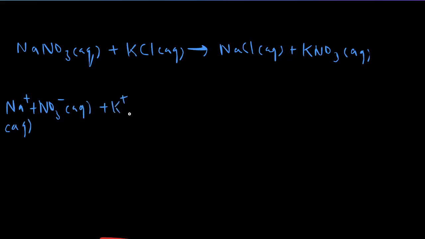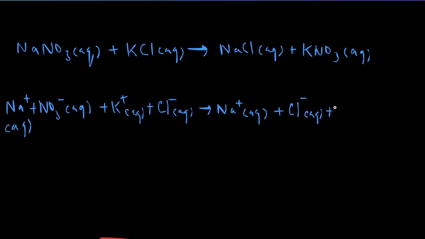Plus K plus, Cl minus, giving us Na plus and Cl minus, K plus and NO3 minus, our nitrate. So this here will be our total ionic equation.